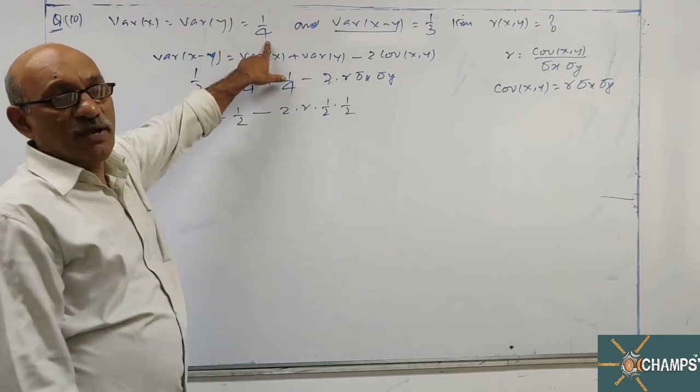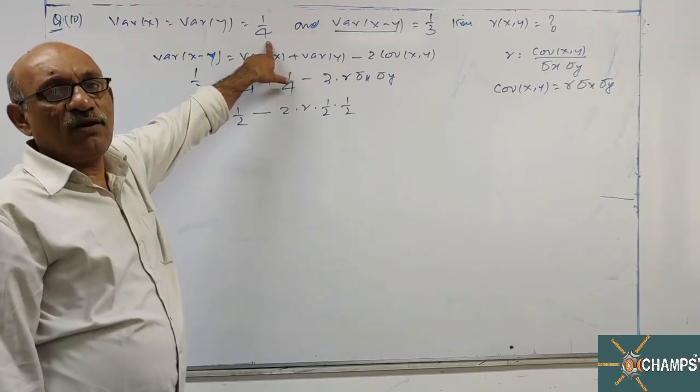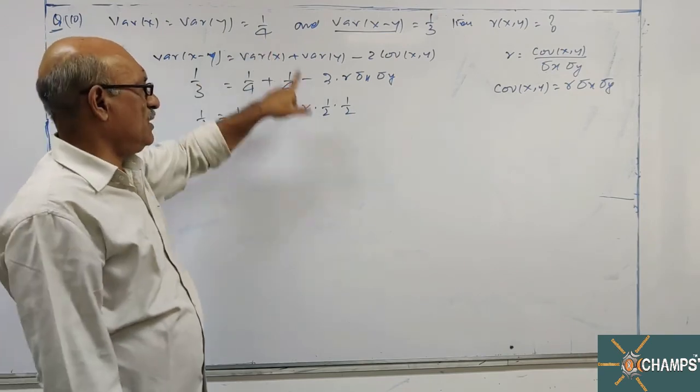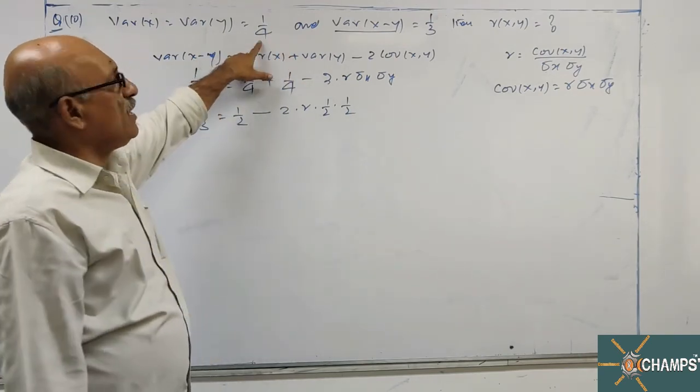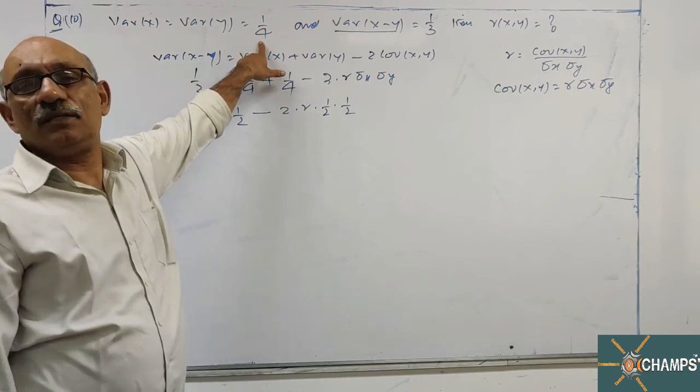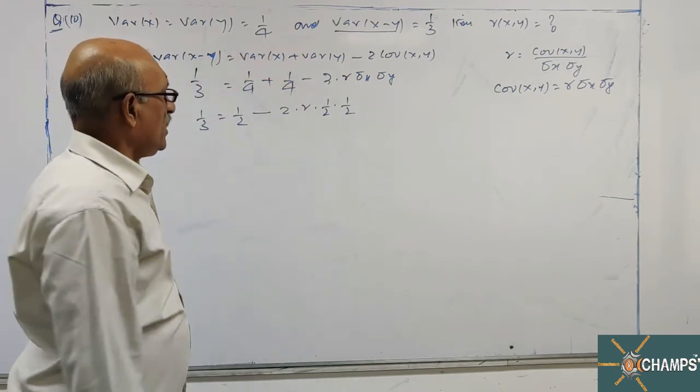Variance of x is 1 by 4. When you take square root for this, you will get standard deviation, which is 1 by 2. Again, variance of y is also 1 by 4. When you take square root for this, it is 1 by 2.